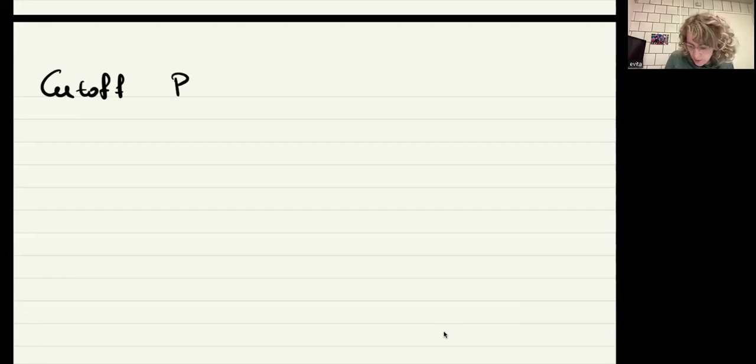So let's define cutoff, and I think that hopefully things will get a little bit clearer. The window is very important indeed. So the cutoff phenomenon. Now I will define it in general for Markov chains. I'll try at least.